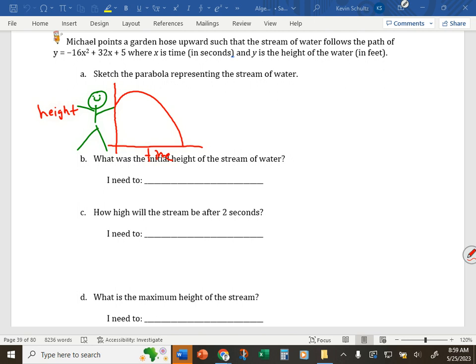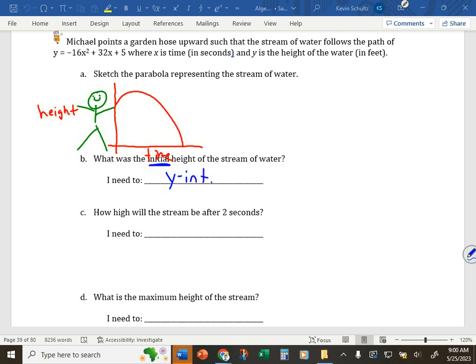Now, letter B. What is the initial height of the stream of water? 5 feet. The key word here is initial. What you're looking for is the y-intercept.